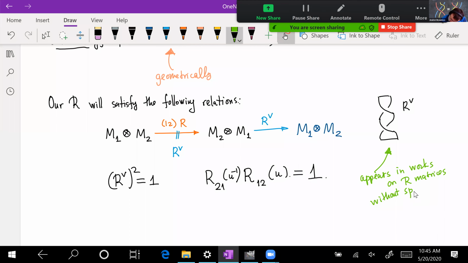This parameter u is called the spectral parameter. So when you talk about knot invariants and things like this, you work with constant R matrices, not R matrices that depend on a spectral parameter. They're obtained from the R matrix by plugging the parameter equal to 0 or equal to infinity, things like this.